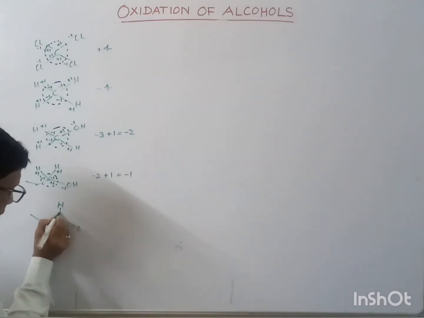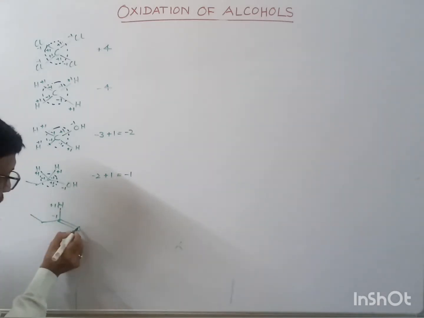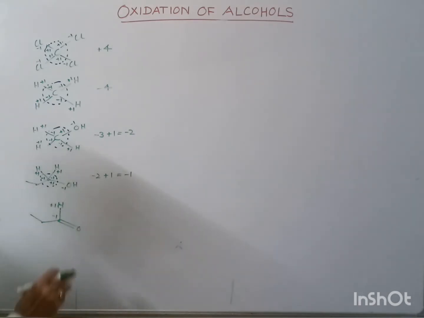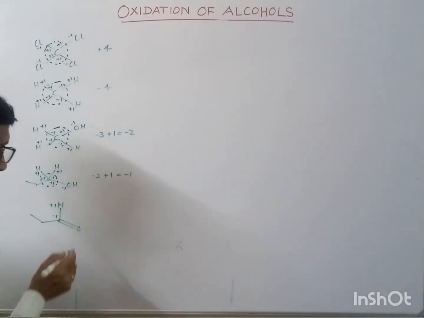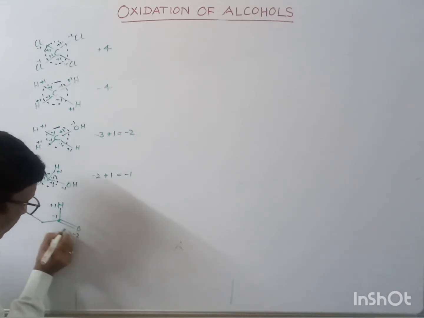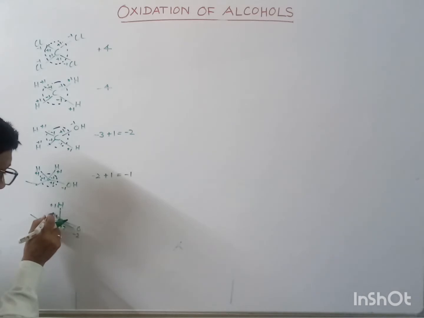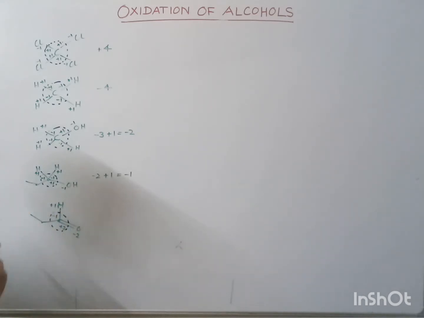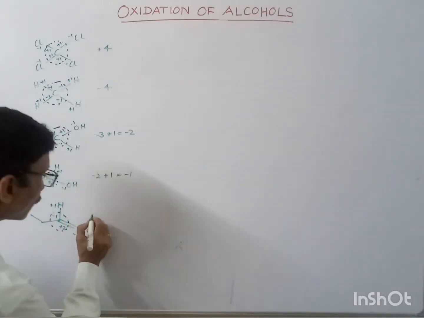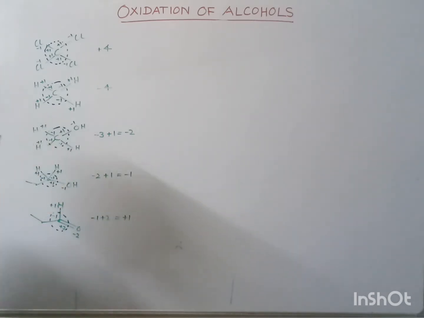Now in the carbon hydrogen bond, this carbon has -1 charge, this hydrogen has +1 charge. Here 2 oxygen bonds are present, that's why this oxygen has -2 charge, and being more electronegative, this has +2 charge. So on the central carbon atom, the overall charge is -1 + 2, so this comes out to be +1.